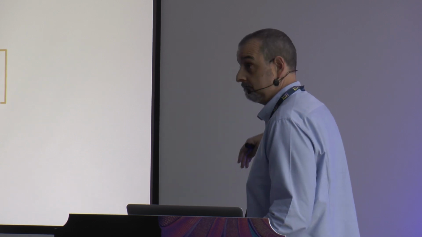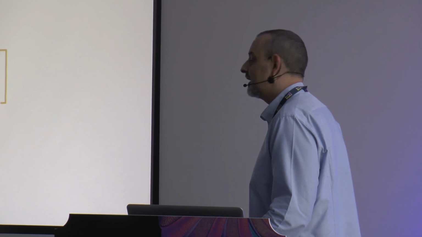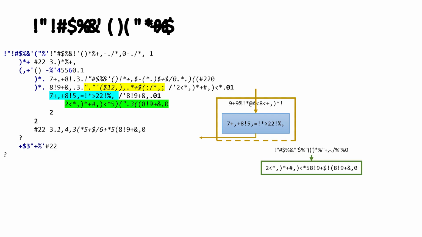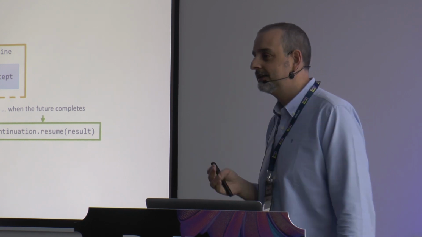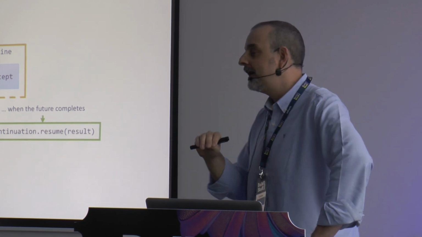This continuation is the callback that I call to resume the flow. So what I do is future thenAccept, for instance, and a couple of milliseconds afterwards, when finally the future completes, that code in green will call continuation.resume. And this is where the magic, well, it's not magic, it's code, happens.